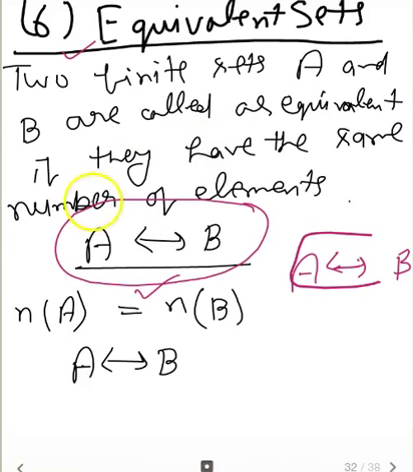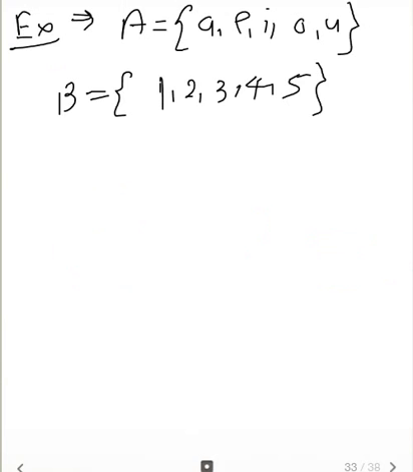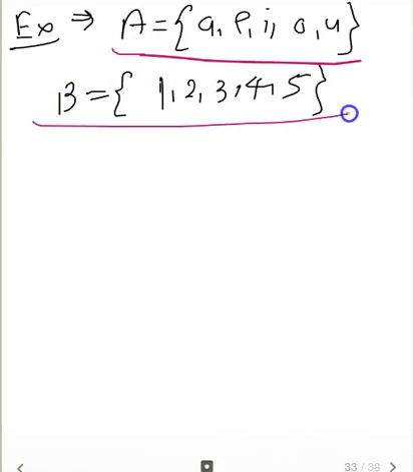Okay, sounds good. So just say we have two sets. A is this, containing the elements A, E, I, O and U, and B is another set containing the elements 1, 2, 3, 4 and 5. So what is the cardinal number of set A?